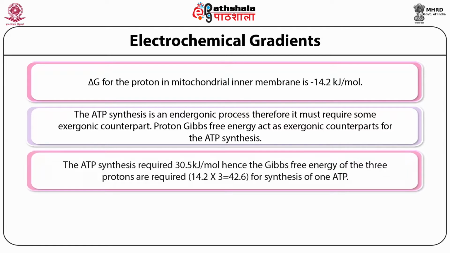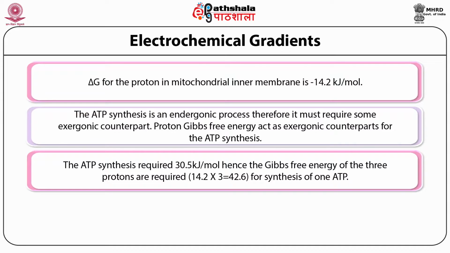Therefore, ATP synthesis requires at least 3 protons. If you multiply 14.2 by 3, it is going to be 42.6, but you know that coupling is not 100% efficient, so you must have this difference.